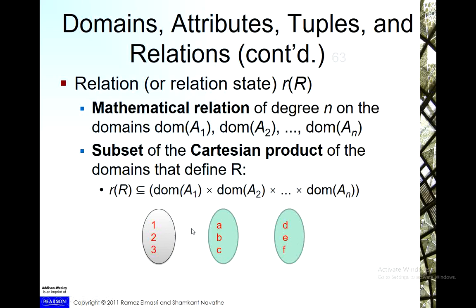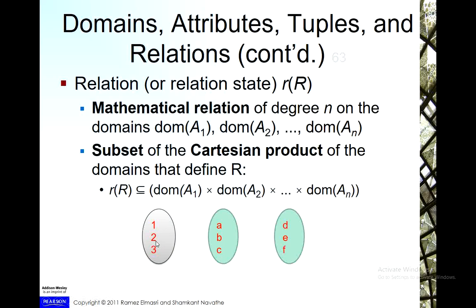I can have 1 related to A and to B and to C, and then like this: 1AD, 1AE, 1AF, again 1BD, 1BE, 1BF.